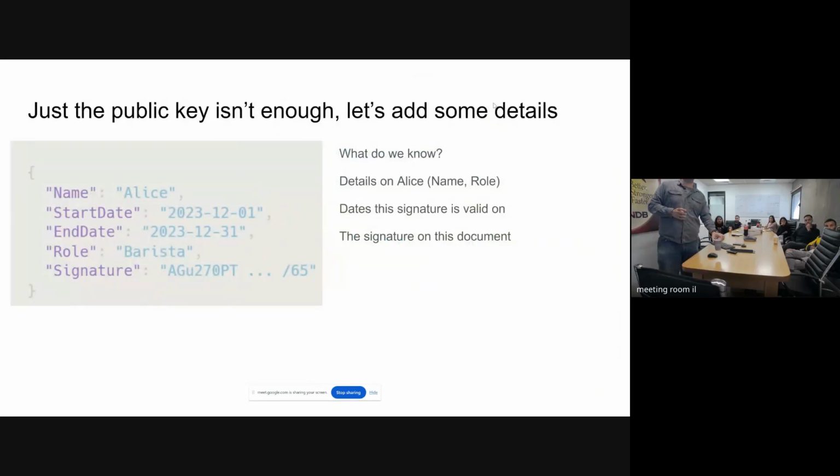So let's look at this one. Now we have more details. Who is she? The validity period, to make sure that she doesn't have a blank check for everything. The role, etc. What are we missing?